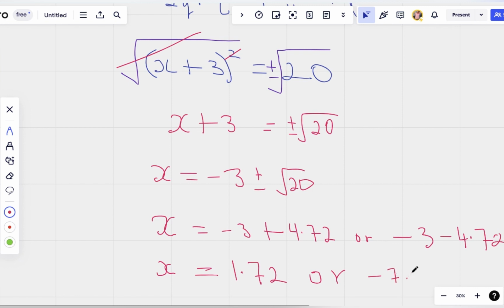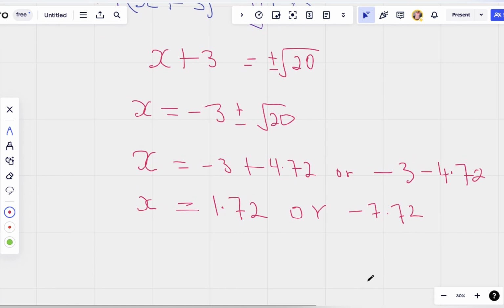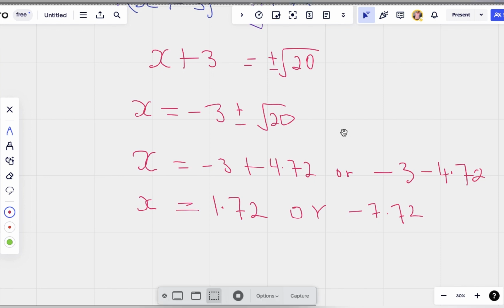So these are the two solutions. You see, all these decimal answers mean factorization cannot solve it. We either use the quadratic formula or use the completing the square method. The completing the square method is very easy to use and you just have to practice. So with this we come to the end of the completing the square method, and I hope that you do understand.